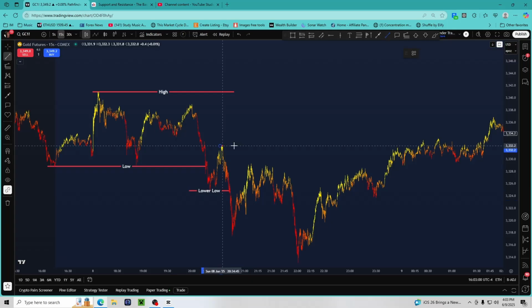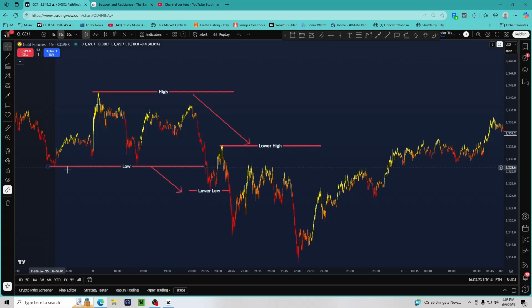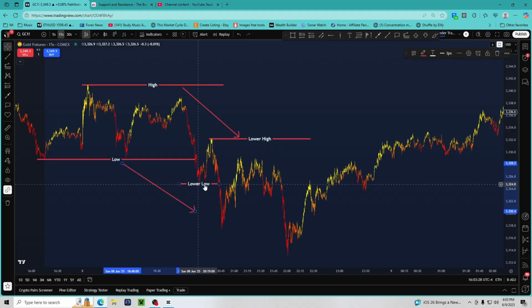And the market made the high here, which was resistance, and that is a lower high. Why? Because the low was lower, and also the high was lower. The high and the low are just areas of support, right? It's just support, but it's a high on the chart and a low on the chart. And when the market is making lower lows, you are in a downward trend.